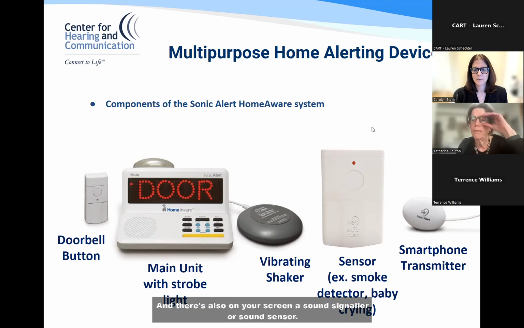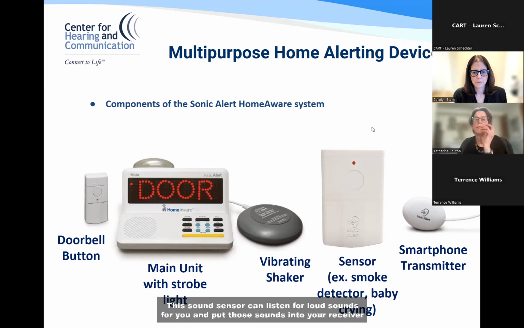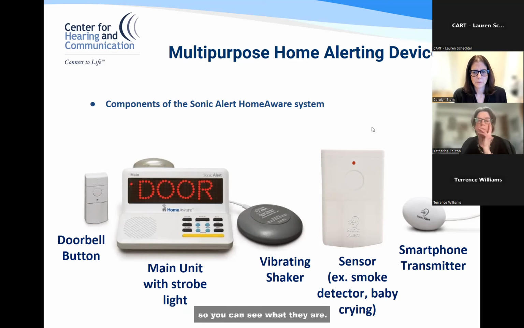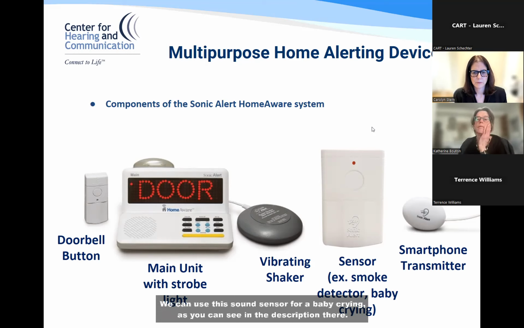And there's also on your screen a sound signaler or a sound sensor. And this sound sensor can listen for loud sounds for you and put those sounds into your receiver so you can see what they are. We can use this sound sensor for a baby cry, as you can see in the description there, but you can also use it for your smoke or your carbon monoxide detector.